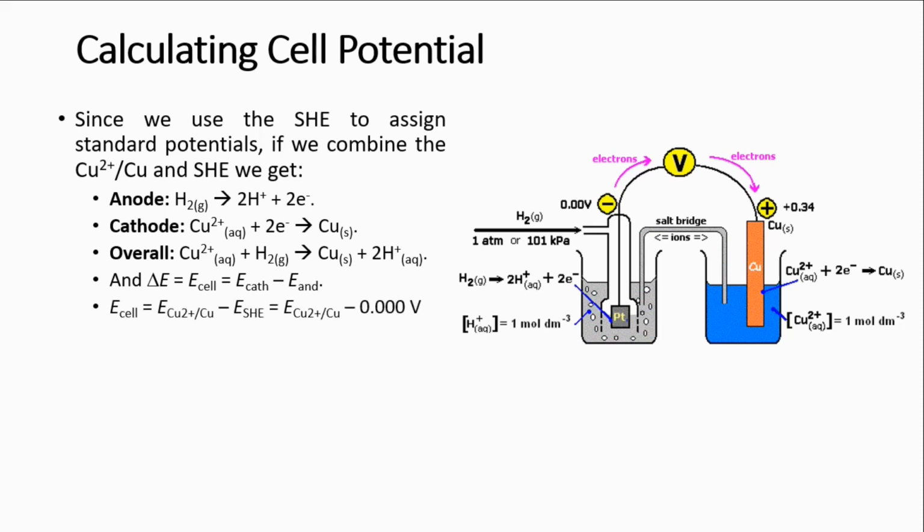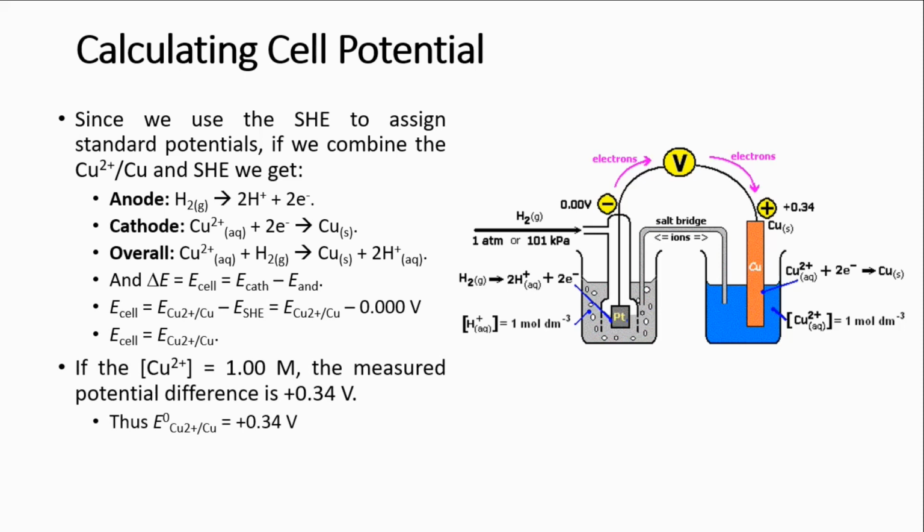Remember, for the SHE, the potential is 0.00 volts. Therefore, the cell potential will be due to copper alone, because the anode has no contribution. And so E cell, when you have the SHE as the anode, is equal to just the potential due to the cathode.